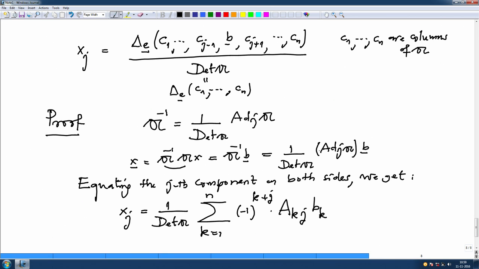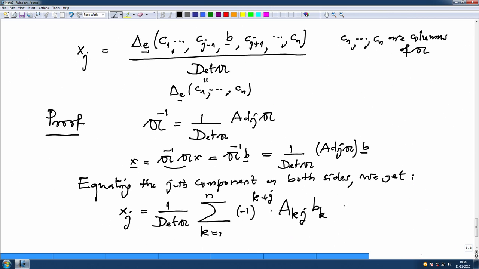This is precisely the jth row multiplied by the column vector B. And what is AKJ? AKJ is precisely this. So, this is precisely what we have written.